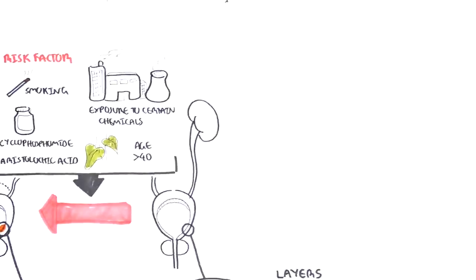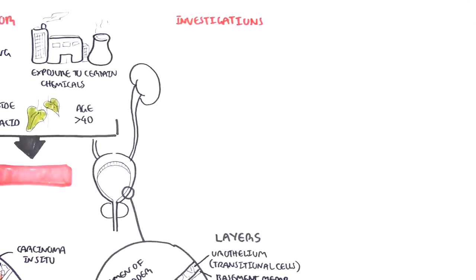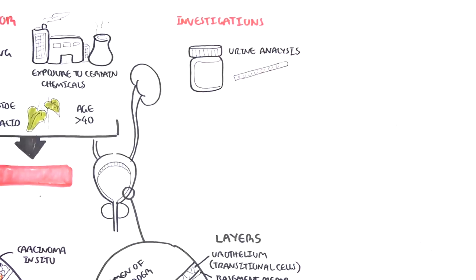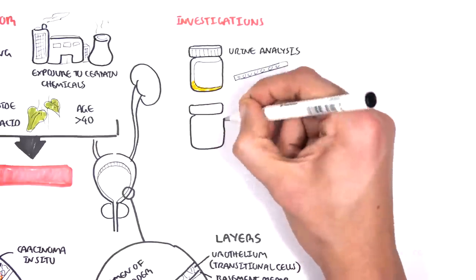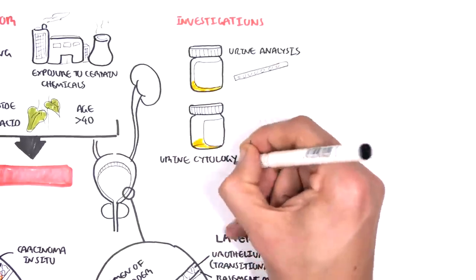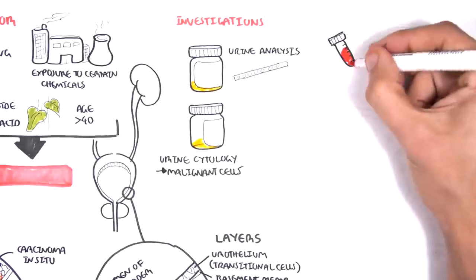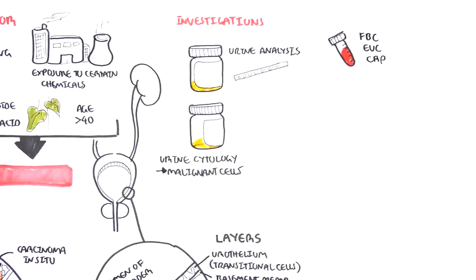Therefore, the investigations to order upon such presentation are a bedside urinalysis, urine cytology to look at malignant cells, full blood count to check for anemia, EUCs to check electrolytes, urea and creatinine, which is a good marker for kidney function, and CRP, which can identify signs of malignancy, inflammation, or infection.